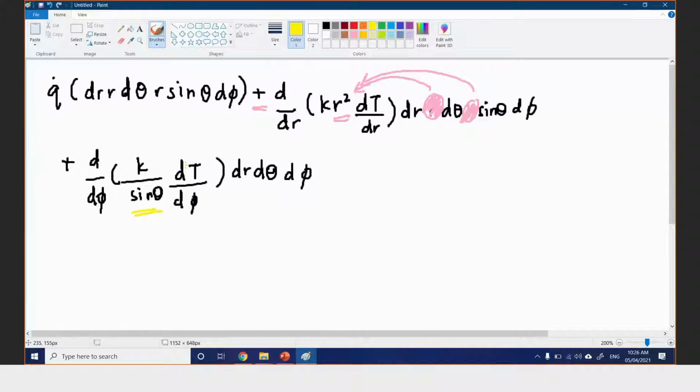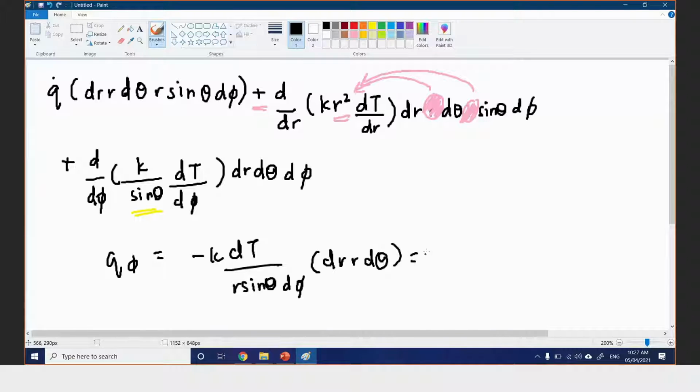Okay, if you're wondering how I got the sine theta to be inside here, it is because previously, in the Fourier's law for the phi direction q phi, we have minus k dT over r sine theta d phi, then times the area dr r d theta.